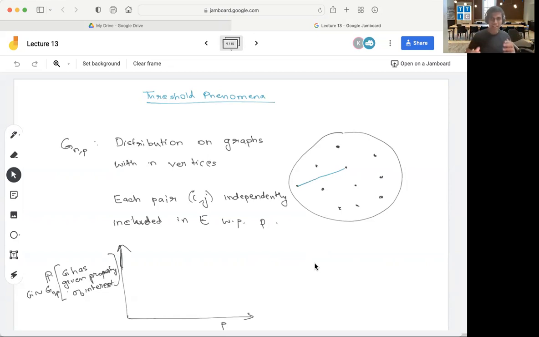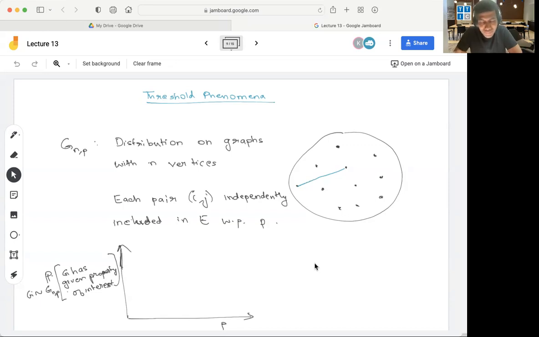Whenever we add edges, we expect the property to only become more likely. If some graph has the property and we add a bunch of edges to it, we cannot destroy this property. This property can be anything. It can be that the graph is connected. It can be that the graph has a certain kind of path. We'll see an example of this property in a slide.